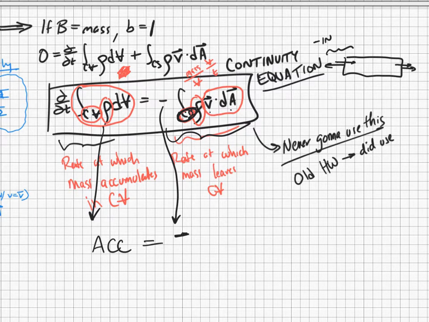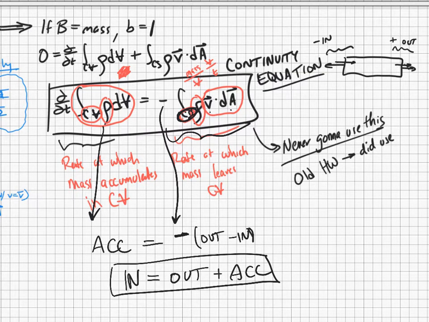The out has V and A with the same sign, so this becomes positive. The outs have a positive sign. So this becomes negative out, which has a positive sign, minus in. Let's rearrange this, and I like to think about this as in equals out plus accumulation.